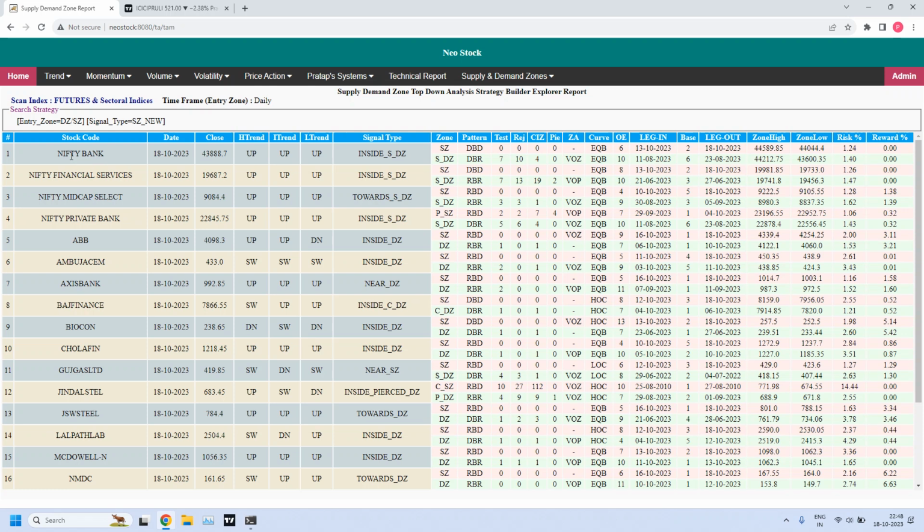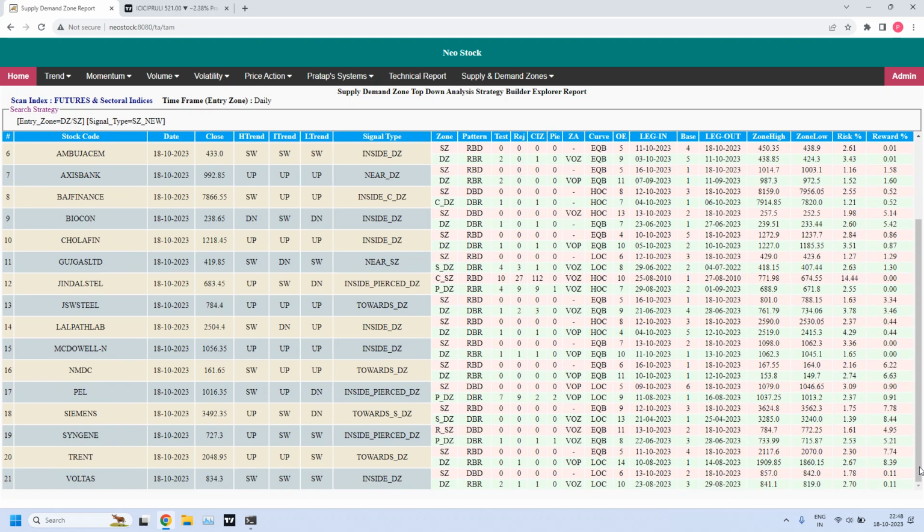Nifty Bank also having a new supply zone. So total 21 stocks are having newly created supply zones. So this is about the filtered list.